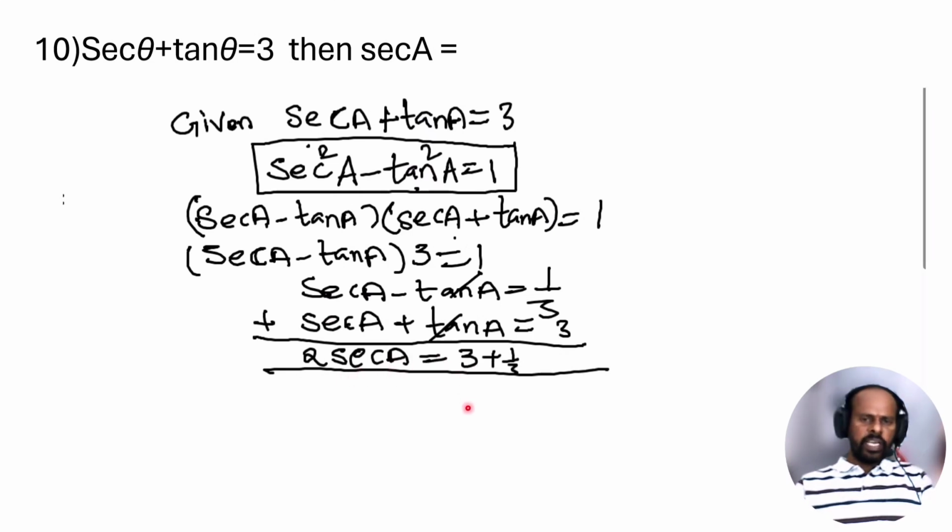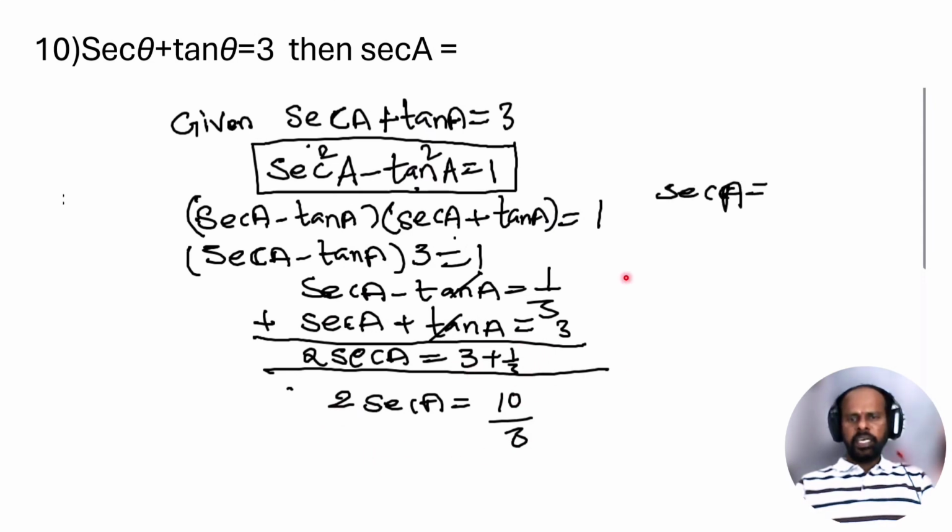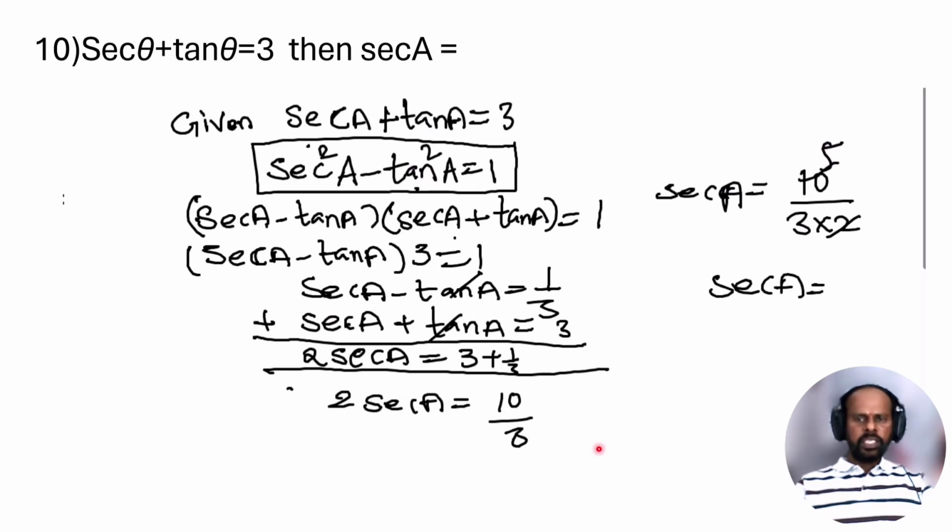So 2 sec a equal to, with LCM 3, 3 3s are 9 plus 1, 10 by 3. Again the multiplying 2 will divide, so sec a equal to 10 by 3, and 2 divides here, 2 fives are 10. So the sec a answer is 5 by 3. So you see the correct option given in the question.